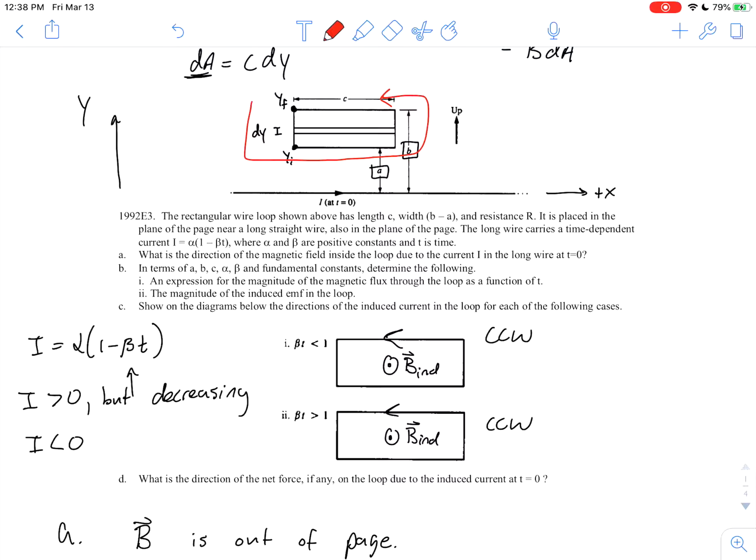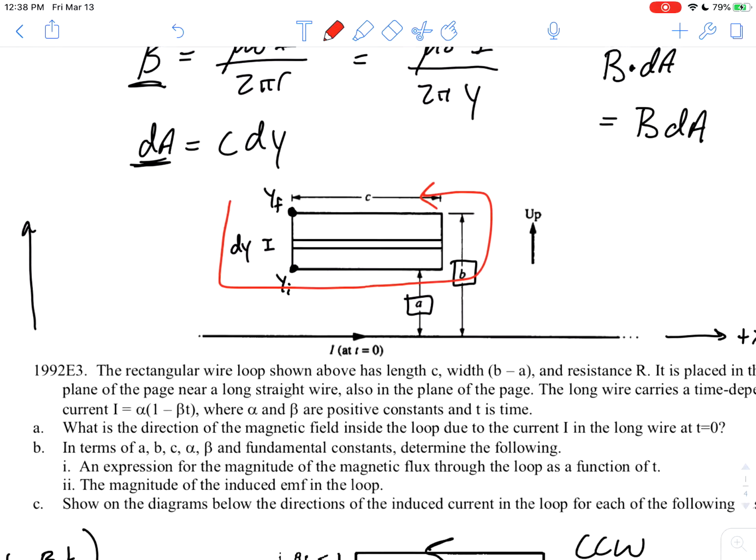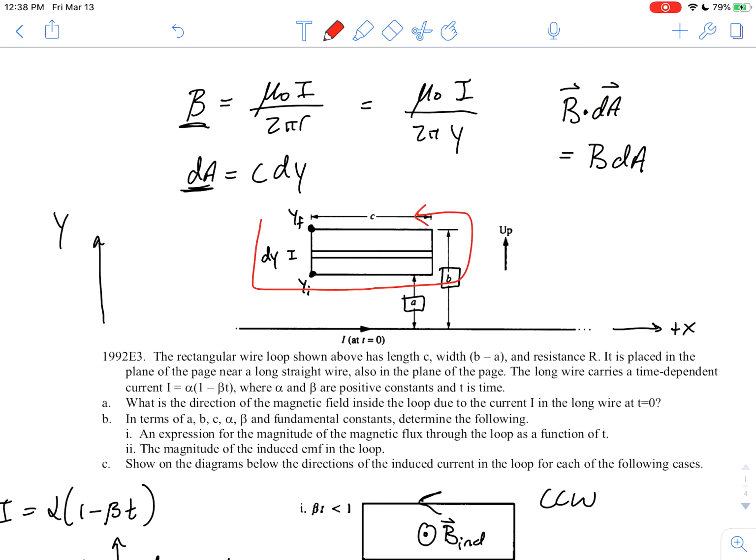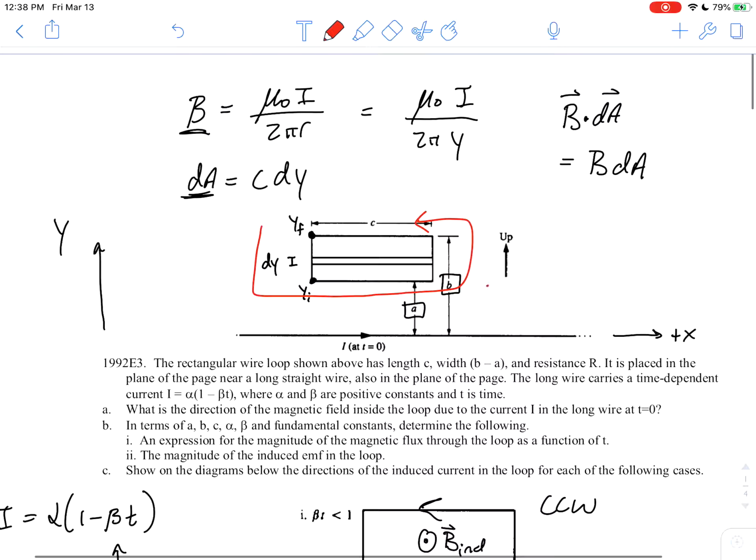And so now we need to look at the force on each part of the wire. So if you look at the bottom portion of the wire, it's in a B field that is out of the page. So B field is out of the page everywhere. Remember, it's decreasing as you go in the positive Y direction. So on the bottom piece of the wire, using right-hand rule, your thumb goes to the right with current, B field is out of the page, so fingers point outward, and then the palm of your hand is pointing down.